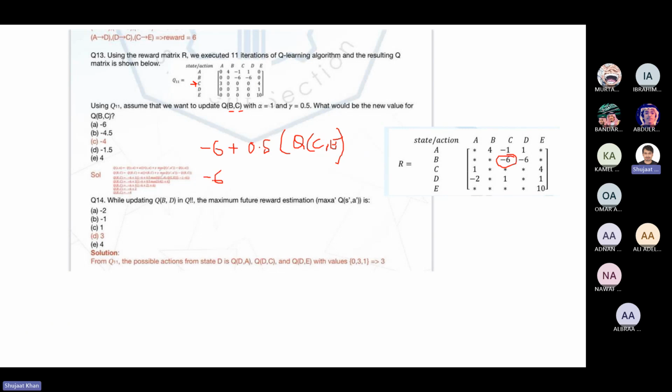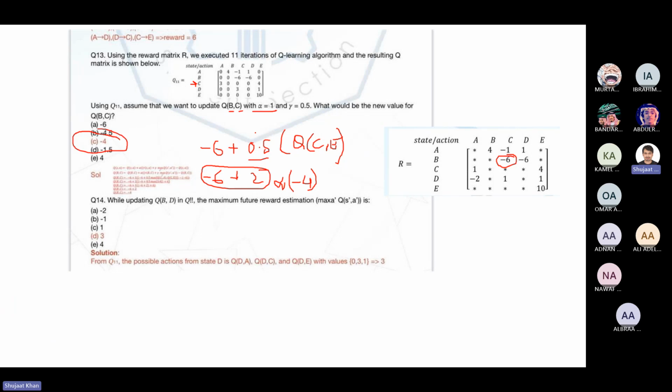So -6 plus 0.5 multiplied by 4, which is 2. So this value becomes -4. And you have to multiply this one with alpha. Alpha is 1. That's why the answer is this one.